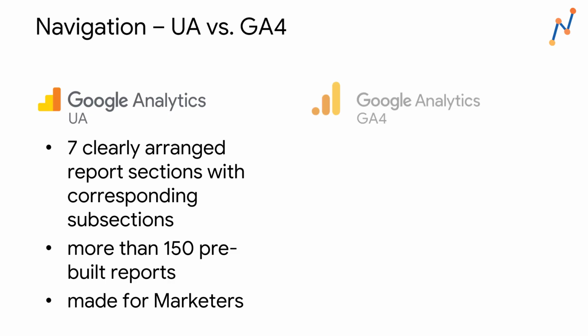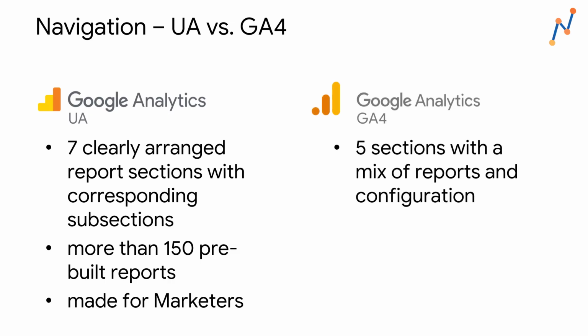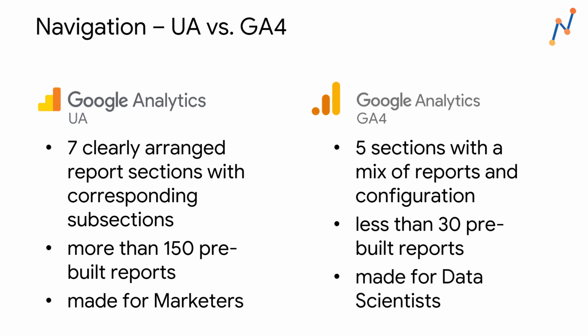In GA4, on the other hand, we will find 5 sections that are not related to reports only, but come along with a mix of reports and configuration possibilities. At the time of recording this video, in GA4 there were less than 30 pre-built reports available, which also seem to be mainly built for data scientists and not for marketers.